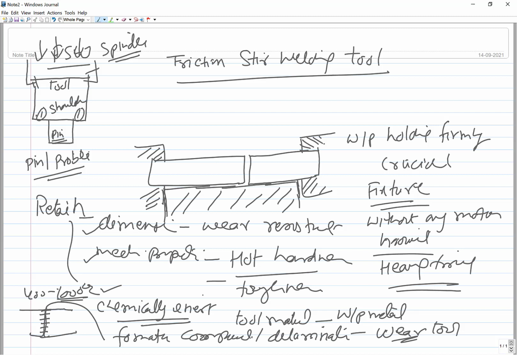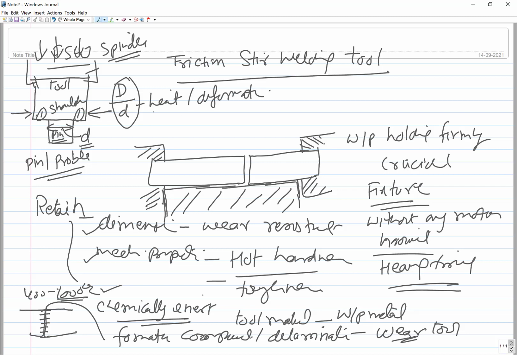Okay, there are various configurations, dimensions, and geometrical aspects. So the diameter of the tool shoulder, let's say D, and the diameter of the pin, say small d. A particular ratio is required to be maintained in order to develop sufficient heat and to realize the desired deformation.